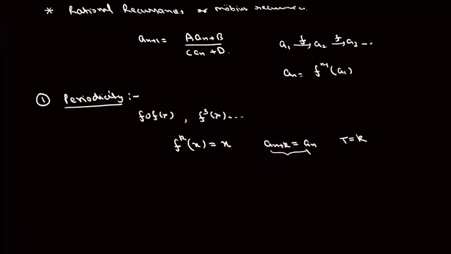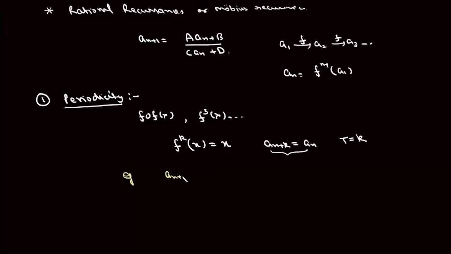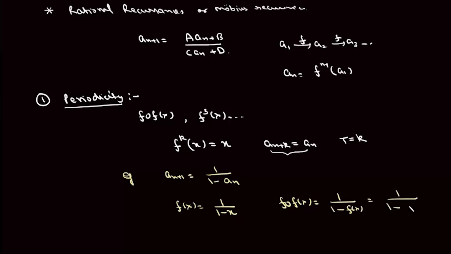Say for example, we're given a_{n+1} = 1 / (1 - a_n). Now basically if we compare it to a function, this function is f(x) = 1 / (1 - x). If we consider f of f(x), it will be 1 upon 1 minus f(x), or 1 upon 1 minus 1 upon 1 minus x, which will be (1 - x) / (-x).